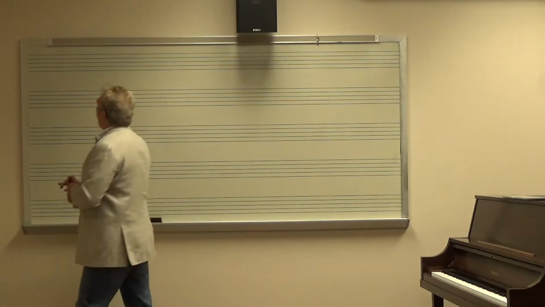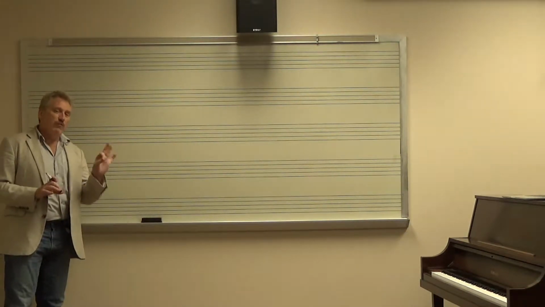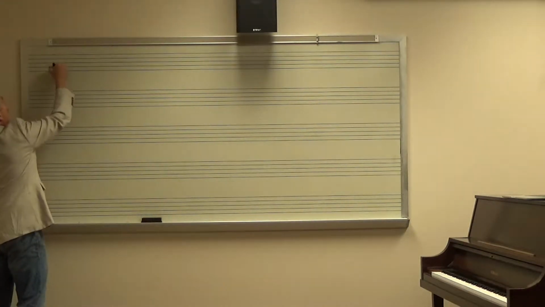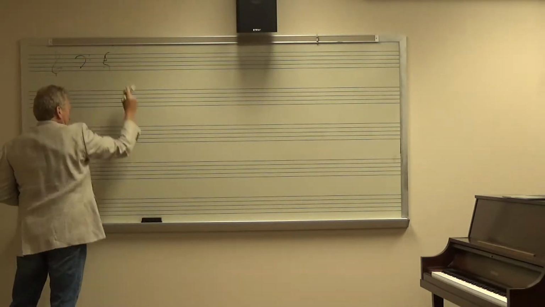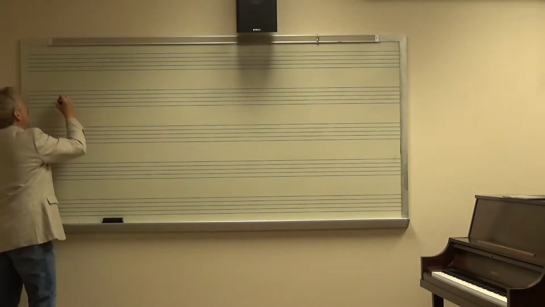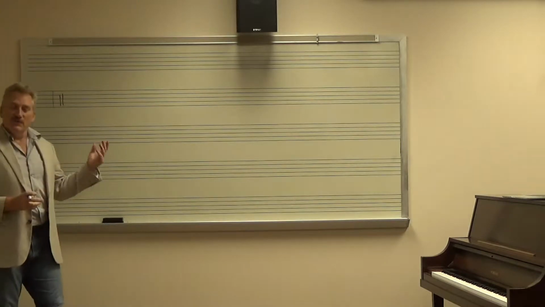For this discussion, when we discuss rhythm without any reference to pitch at all, we're not going to use our traditional tenor, treble, or bass clef, or our C clef. We're going to use what's called the rhythm clef, which indicates no pitch at all. It's just two lines behind the beginning of the staff.